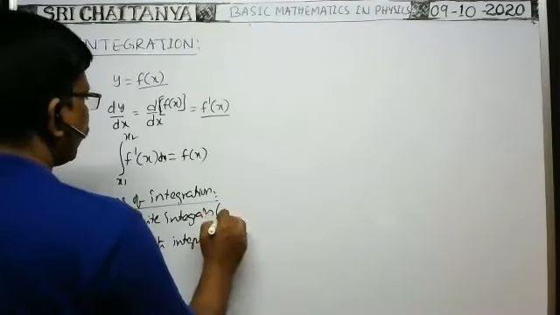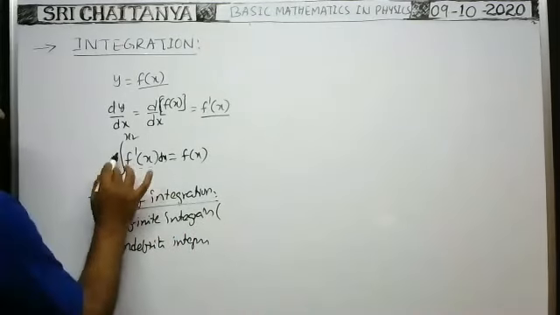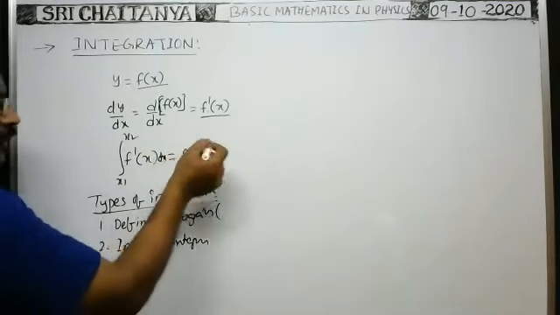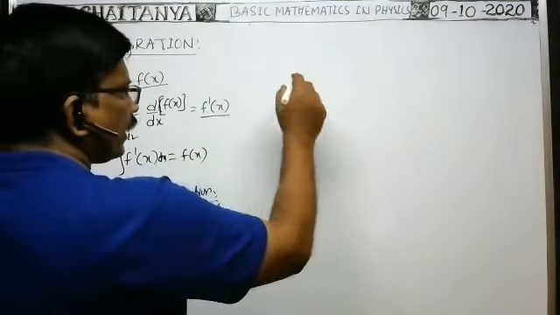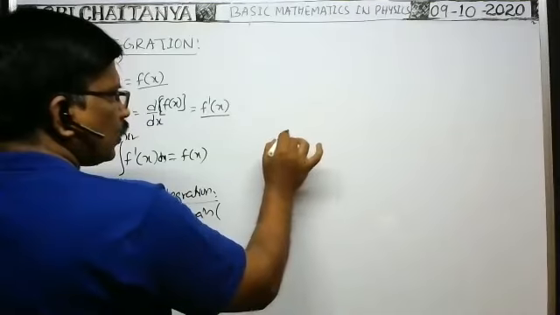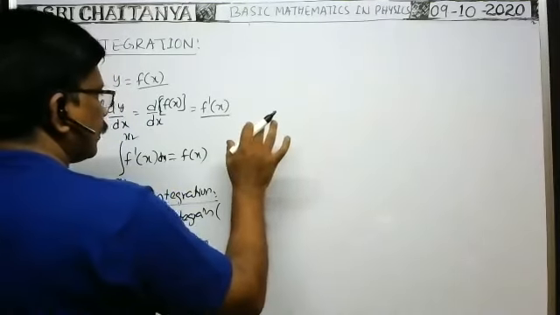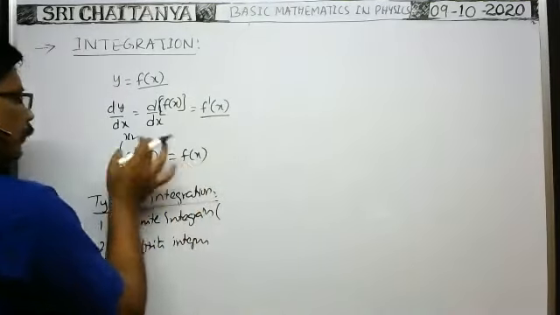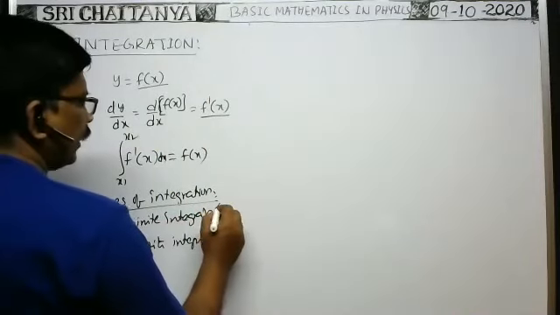In the case of definite integration, limits are there, integral x1 to x2. Previously, in the case of the solid sphere, we integrated from small r equal to 0 to capital R. I said they are the integration limits. If limits are there, that is definite integration.